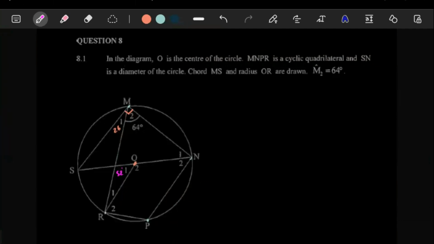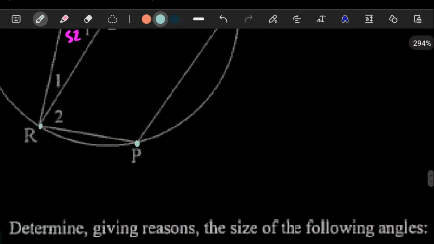And because of the work that you should know, if M2 is equal to 64, it means we automatically have P, because opposite angles of a cyclic quadrilateral are supplementary. So if the one side is 64, the other side has to be 180 minus 64. That's 116. So it's 116 here.